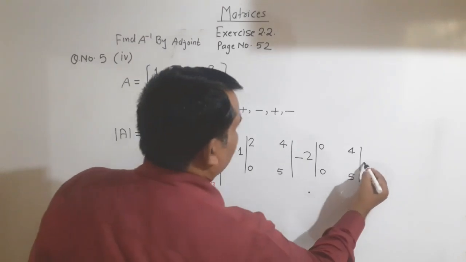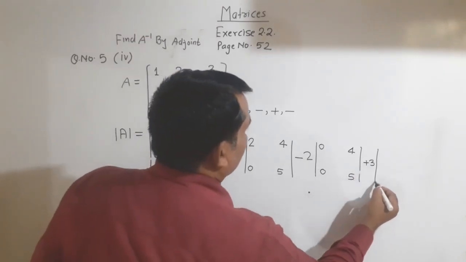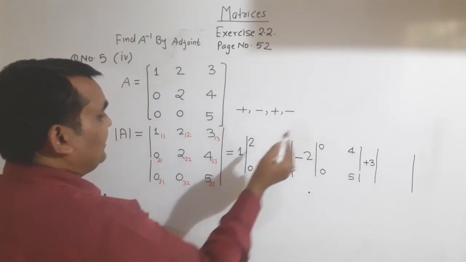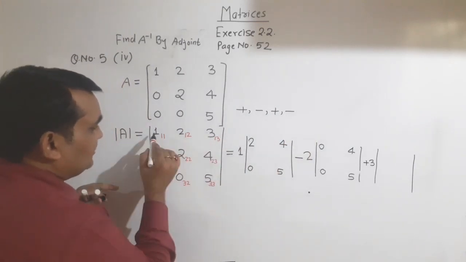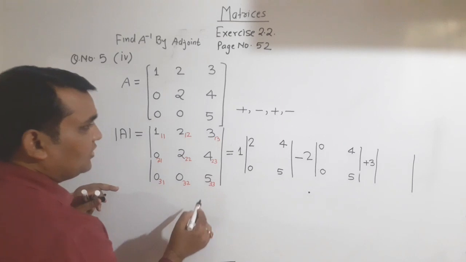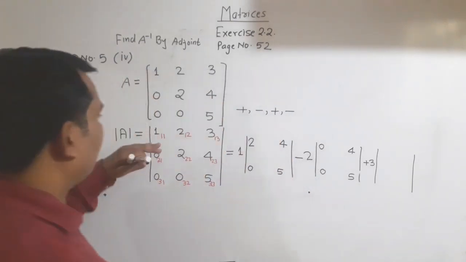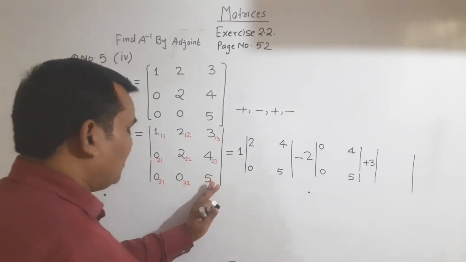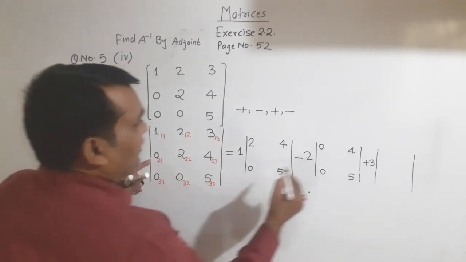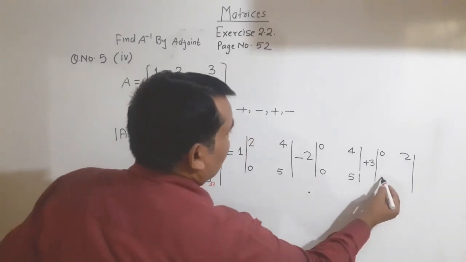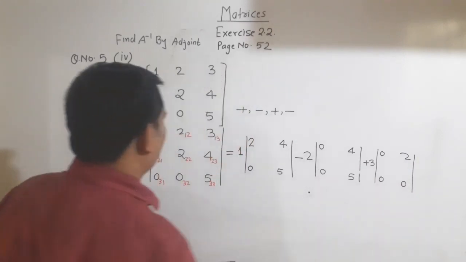Next, the third element, that is plus 3, because this is the system, plus minus. So 3 is present in the first row, third column. So our aim is to remove the elements from the first row and the third column. So this is nothing but 0, 2, 0, 0.